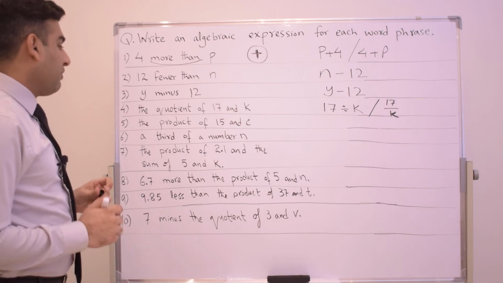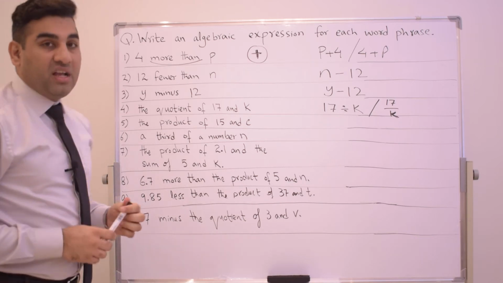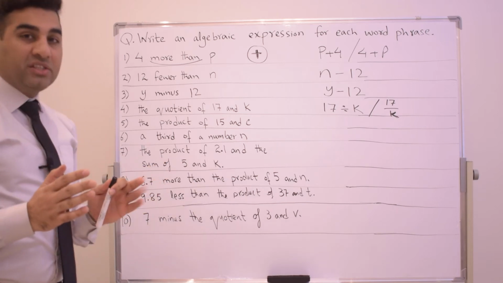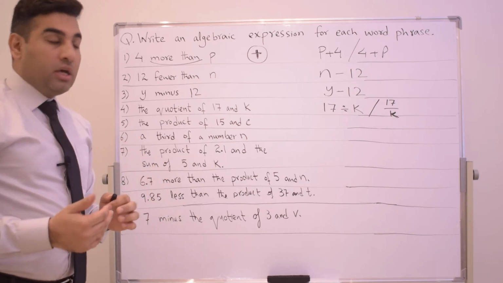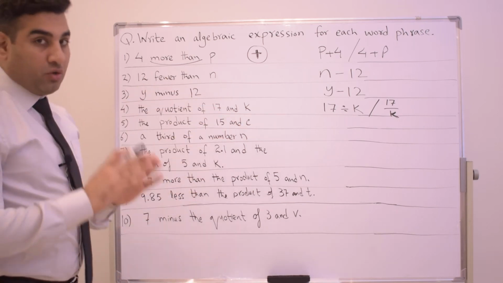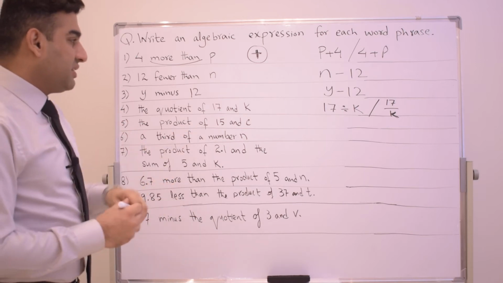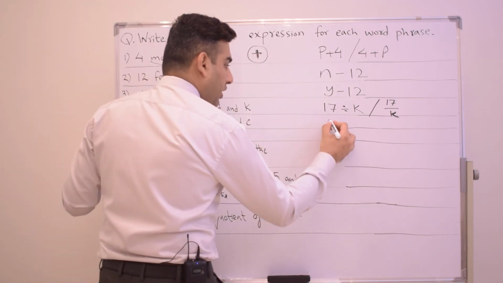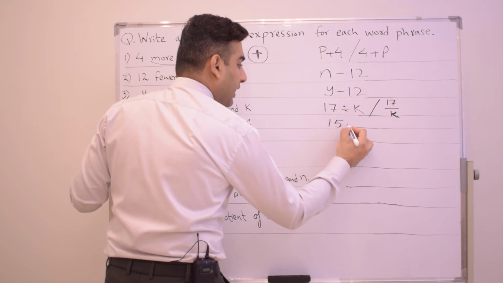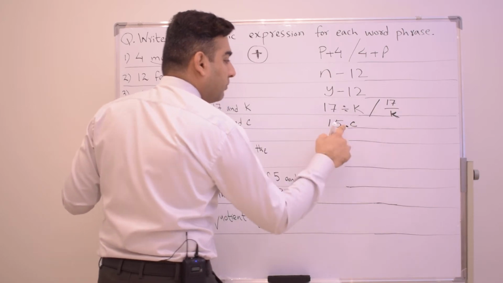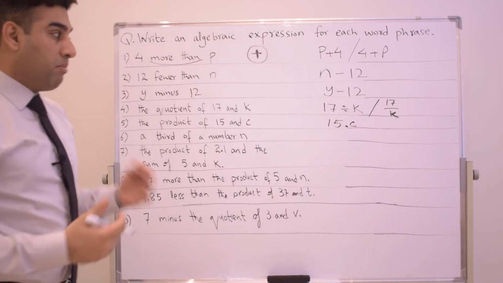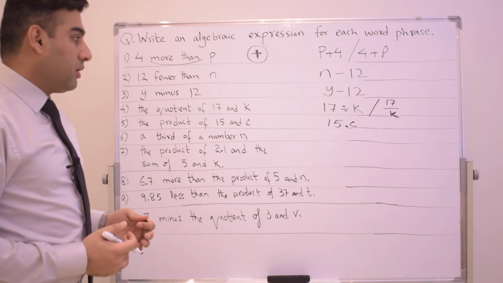Let's go with part 5, the product of 15 and c. Product means multiplication. The product of 15 and c is also a simple one. Go with the order: 15 first, then product, and then c. This dot I'm using as a multiplication symbol.